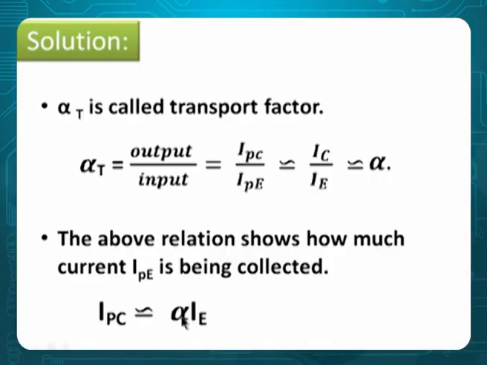That's approximately equal to IC by IE. That's why alpha T is approximately alpha. Only once I am talking on this because of the fundamental class and the introduction class. Later I will never bring this concept called alpha T, but will just go with alpha. With our relation we can show that IPC is approximately alpha IE. This is what I have used in the current equation there.